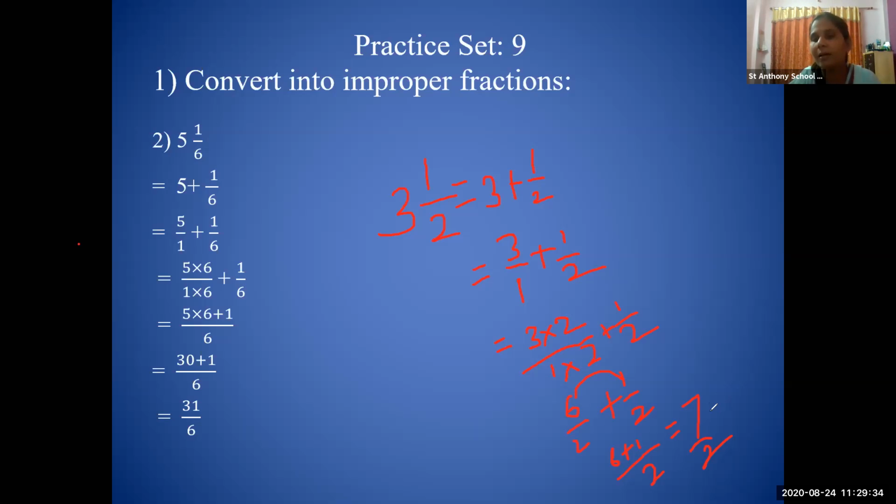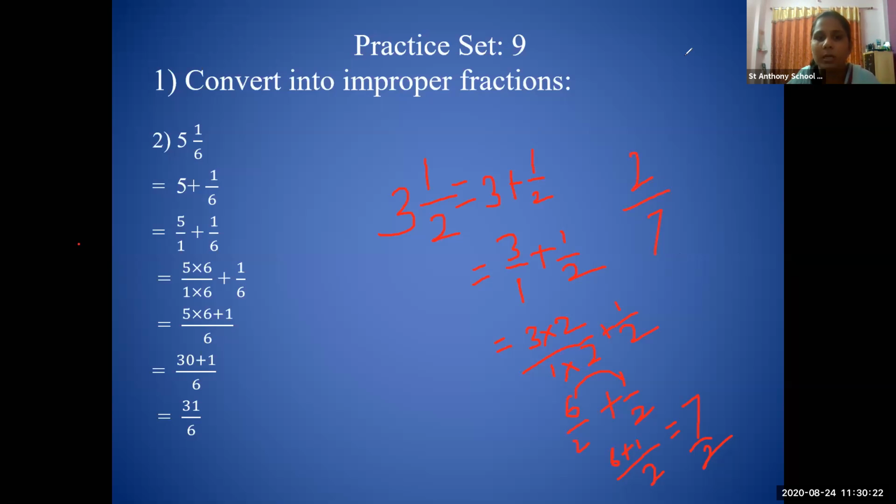If the numerator is smaller than the denominator, for example 2/7, where 2 is smaller than the denominator, then it is an example of a proper fraction. Very good. But if the numerator is greater than the denominator, then it is an example of an improper fraction. Clear, everyone? I hope everyone is clear about this.